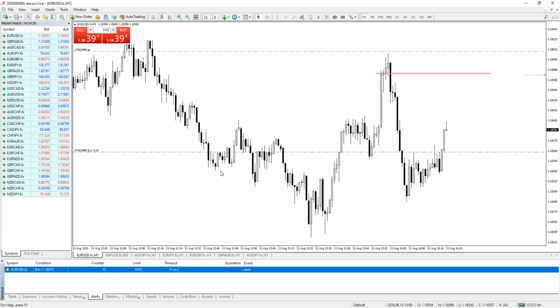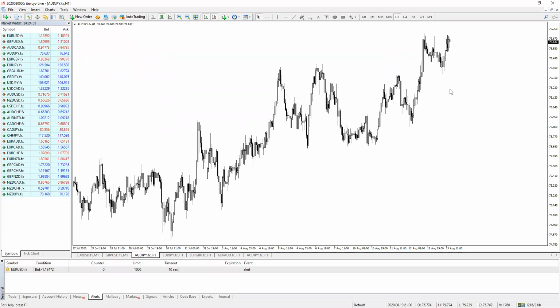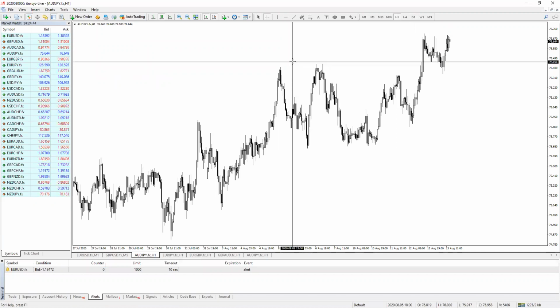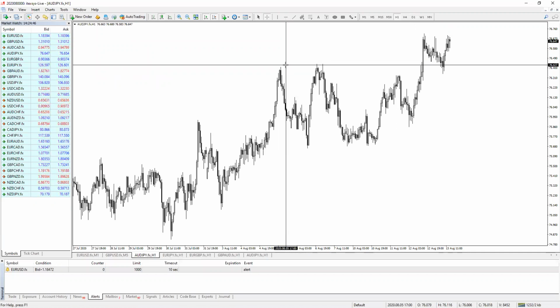All right, next. OZN, OZN. I have this pair. We see this formation created on top of these highs.